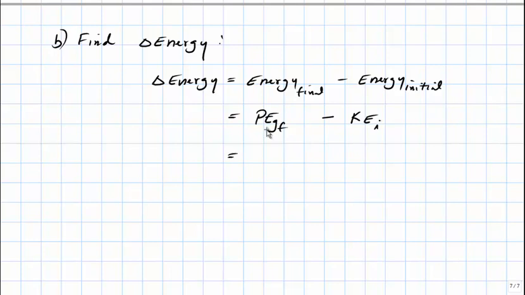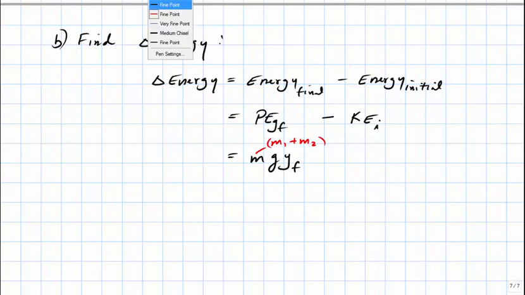Now, PEG final equals MGY final. And which mass should we be using in relation to the final potential energy of the system? Well, since both of the masses are joined together, M refers to M1 plus M2. The kinetic energy is given by 1/2 mv initial squared.